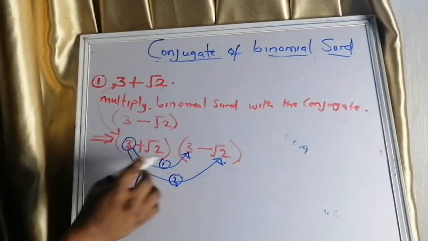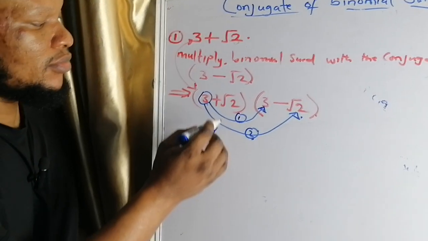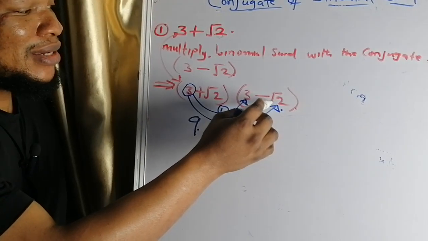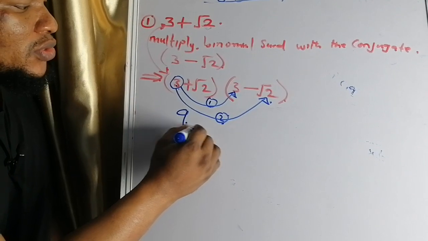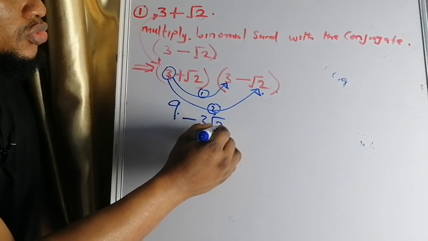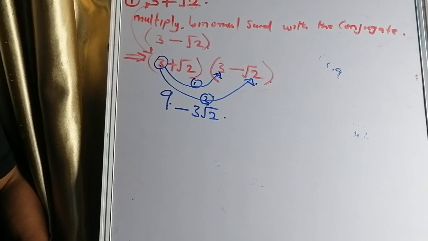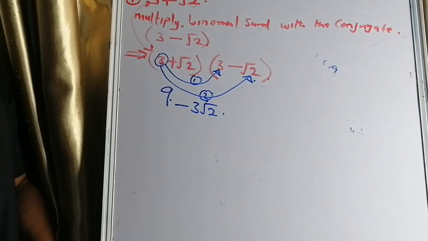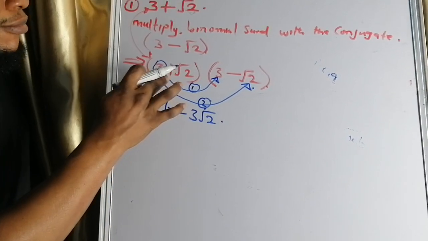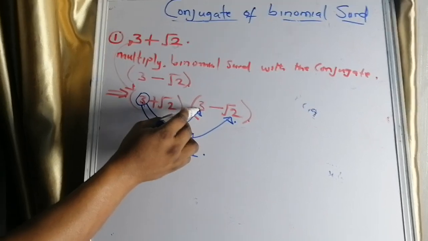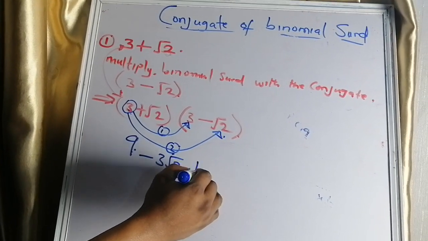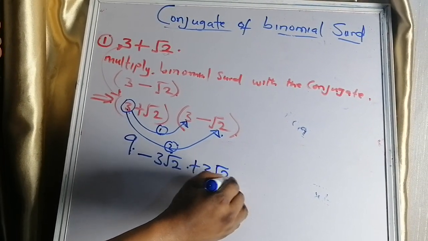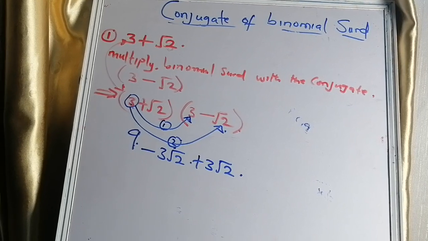Step 2: 3 times minus root 2 will give you minus 3 root 2. We are multiplying, so the same thing applies here. Plus root 2 times 3 will give us plus 3 root 2.